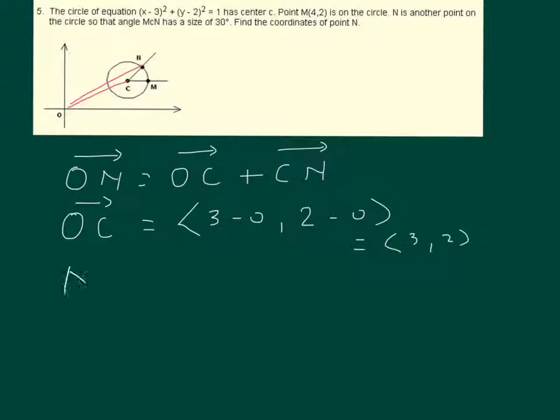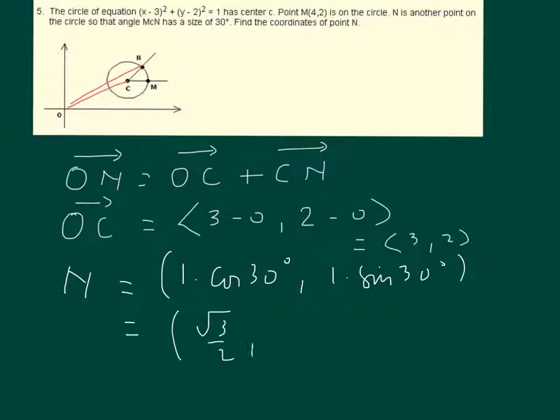So the coordinates of point N can be calculated as follows. Since we know the angle MCN and the circle has radius 1, the x component within the system of axes of center C will be equal to 1 cosine 30 degrees and 1 sine 30 degrees for the y component, which gives square root 3 over 2 and 1/2.